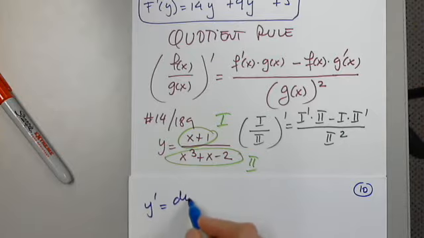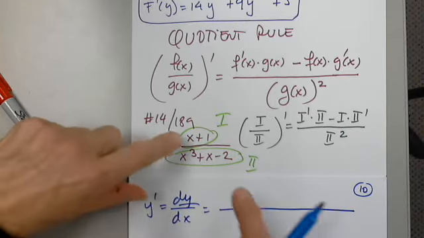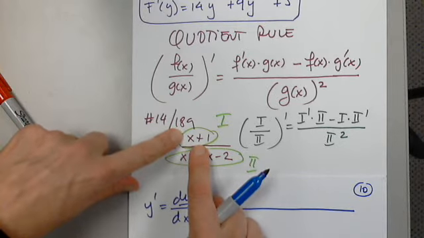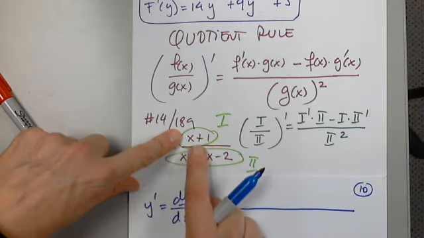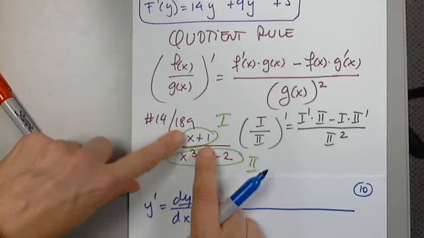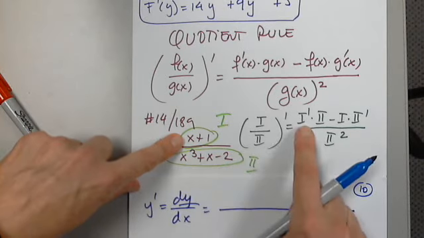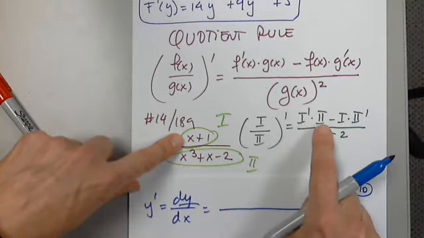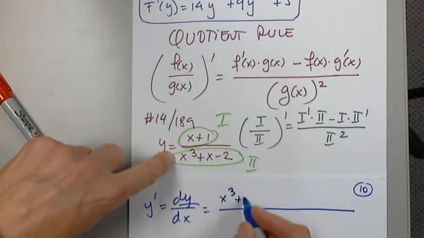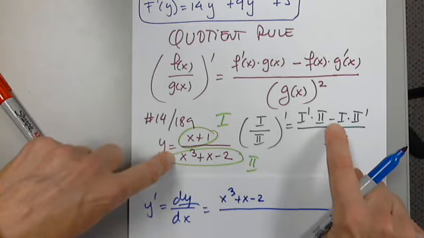Y prime or dy over dx equals top function prime. How much? What is the derivative of x plus 1? 1. So this is 1. I just have to copy the second function, x cubed plus x minus 2. I reach the negative sign now.